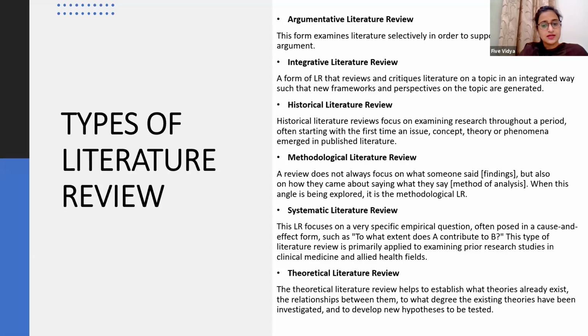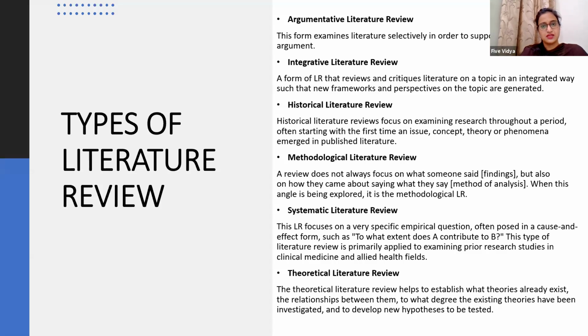The next type of literature review is the systematic literature review. Again, this type is very common these days, especially in the medical, clinical and nursing domains. This type of literature review specifically focuses on a particular research question.